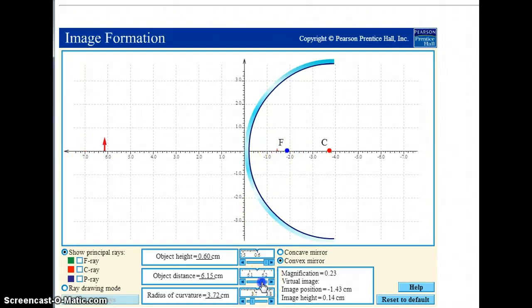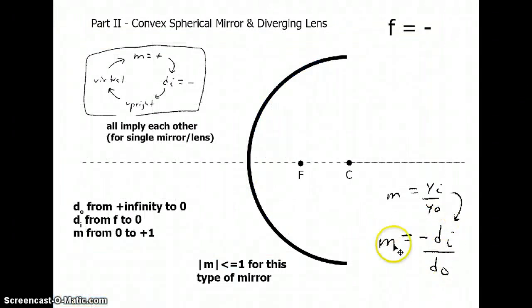And if I slide this in, you'll see they're about to meet. Now notice that the image is always closer, and because it's always closer, it's always smaller. So again, remember that this equation implies that since the image distance is smaller, the magnification is less than 1.